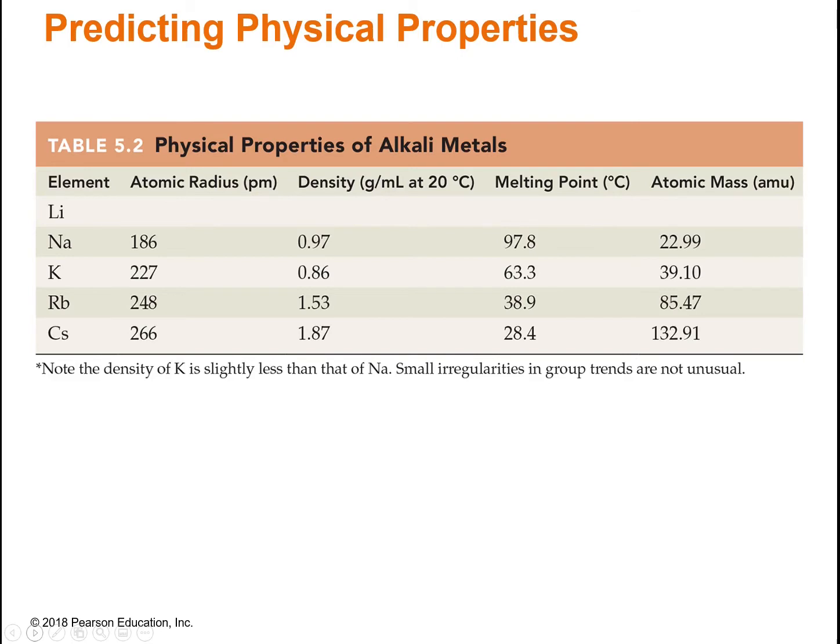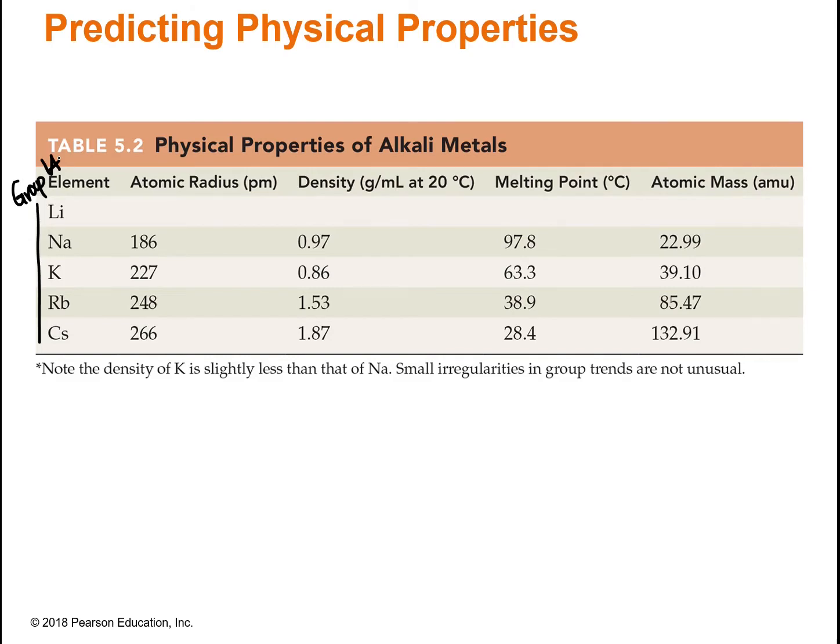Along with the trends on the periodic table, just by looking at it, you can say, oh, okay, this atomic radius is smaller or bigger than this one. You can also predict physical properties. So here's a table that has group 1A elements.